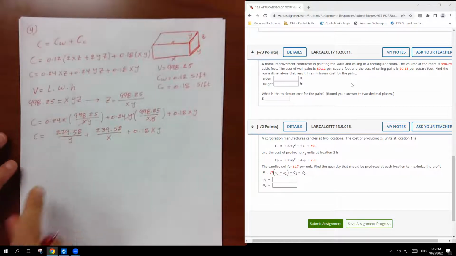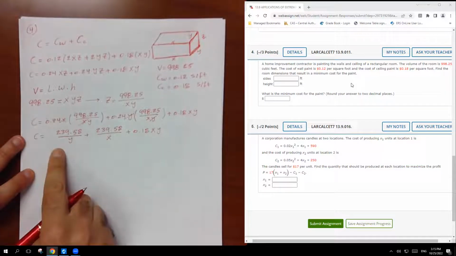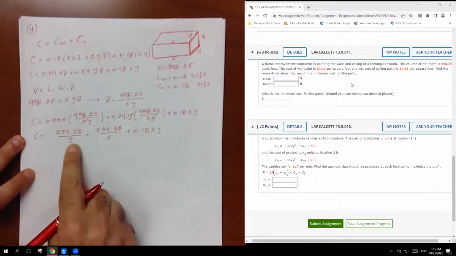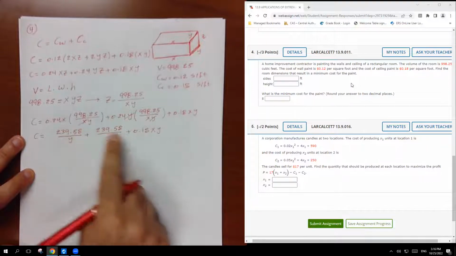It's hard to find the derivatives with respect to x and y like this. To make it easier, I'm going to move y and x to the top.